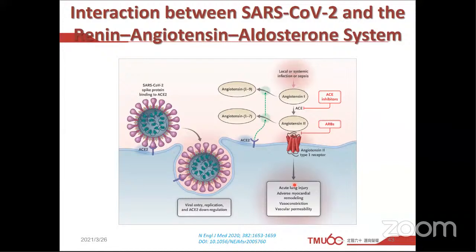Pro-inflammatory signaling, making vessels smaller, making endothelial cell rearrangement and leakage. This will cause a lot of macrophages and neutrophils to infiltrate into the lung, increase the inflammation, and increase the chance of a cytokine storm. So that's the reason why the immune response plus the imbalance of the RAAS system will manifest the progression of COVID-19 disease.